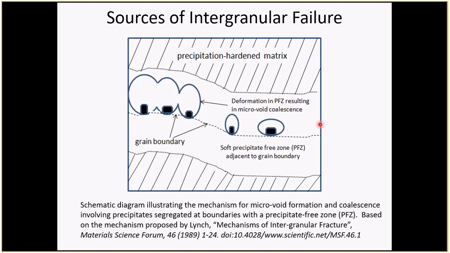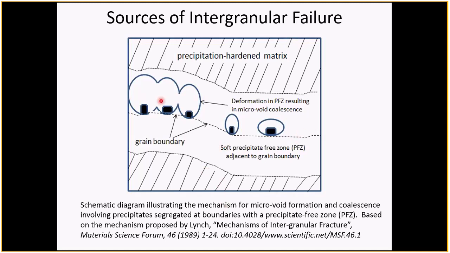So intergranular failure is often observed in nickel alloys when you have a lot of carbides along the boundary. And that's sometimes mistaken for evidence of embrittlement. It kind of is in one sense, in that most of the deformation in this case now happens in a narrow zone here, as opposed to elsewhere in the matrix, in the material.